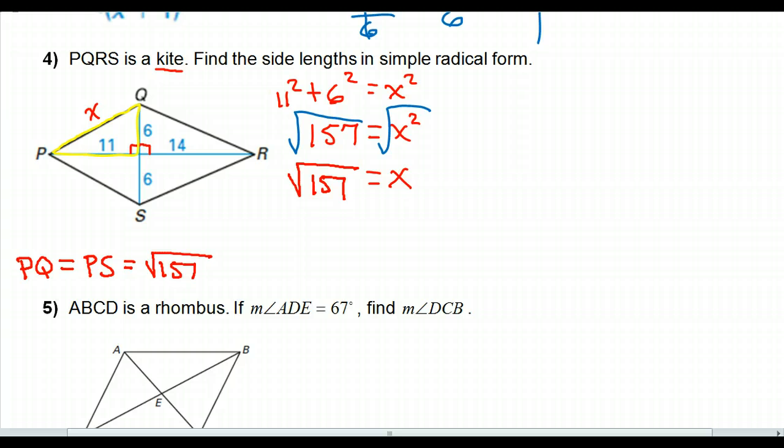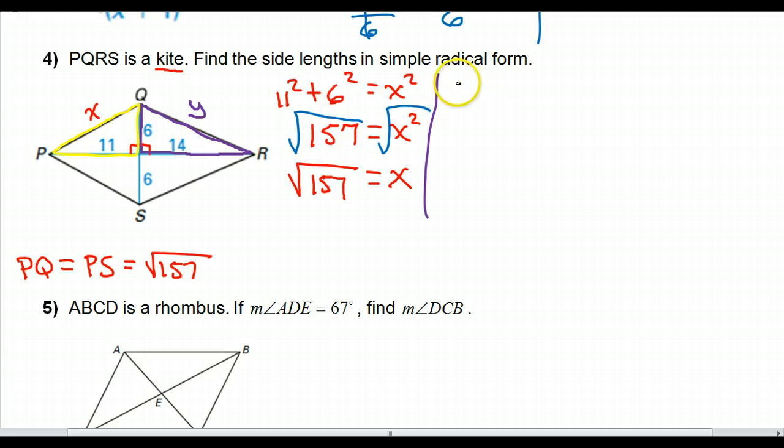Now I'll do this side. Now I'm doing the purple triangle. A squared plus b squared equals c squared. I'll call it y this time.